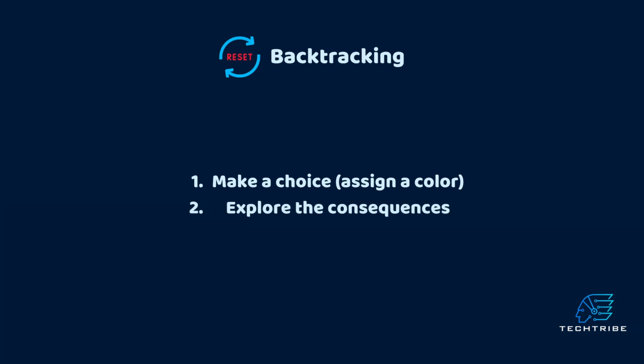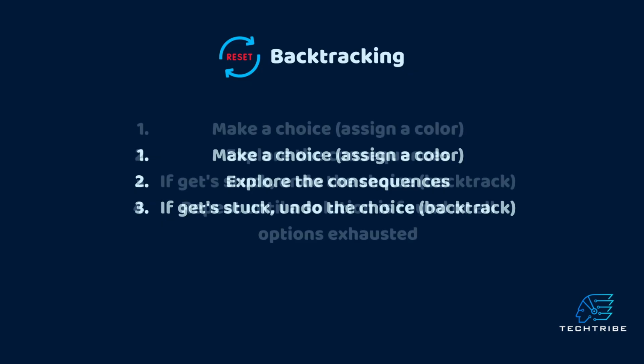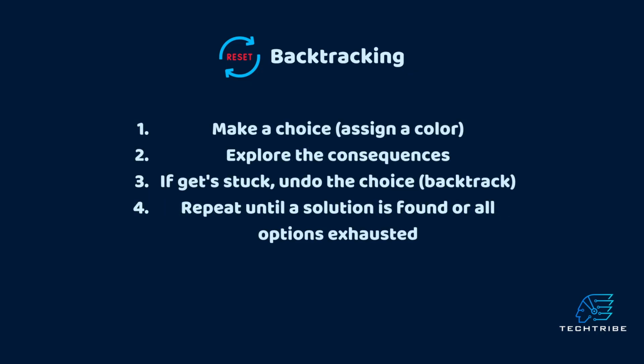If we get stuck and there's no valid color left, we backtrack. Basically, we undo the last choice and try a different color. This process keeps repeating until we either color the entire graph successfully or we exhaust all possibilities and realize it's impossible with the given number of colors.